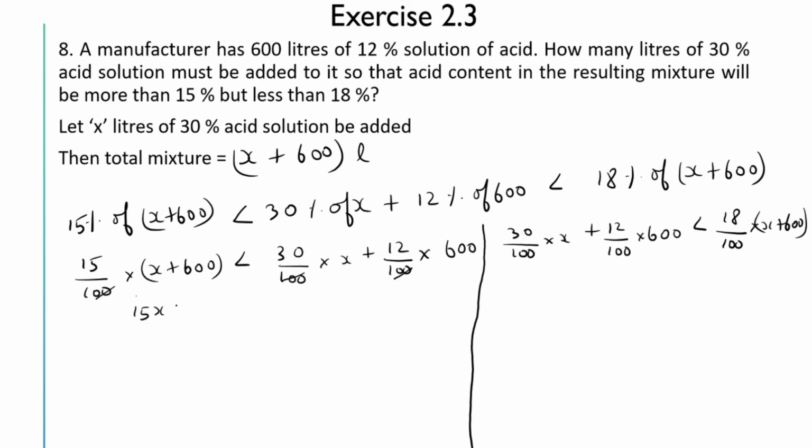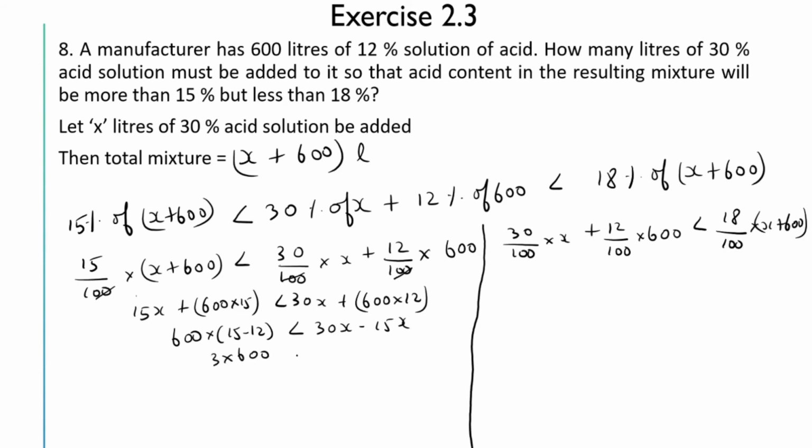So 15x plus 600 into 15 is less than 30x plus 600 into 12. So bringing this 15x to the other side and 600 into 12 to the left hand side, we get 600 into 15 minus 12 is less than 30x minus 15x, or 3 into 600 is less than 15x.